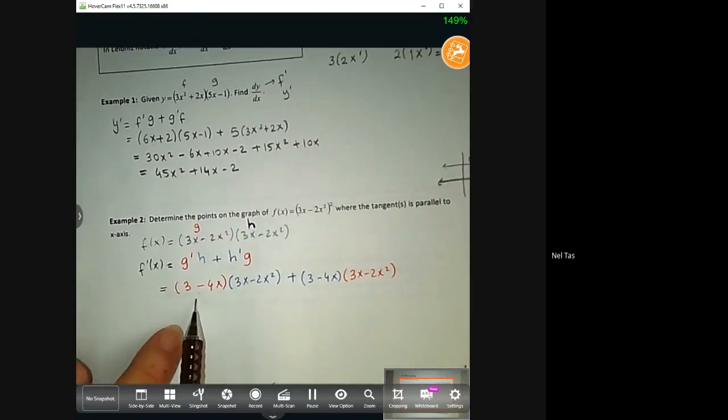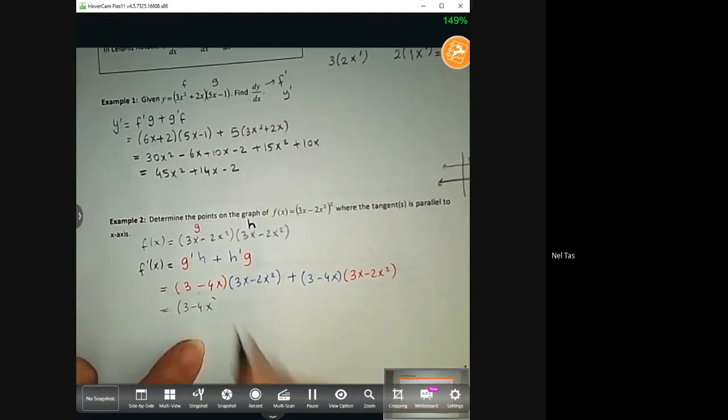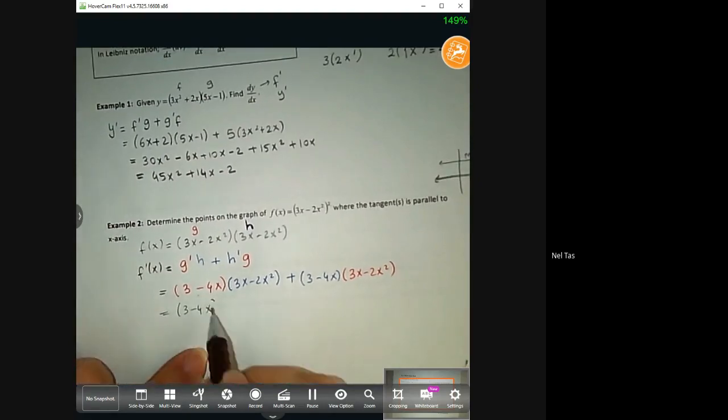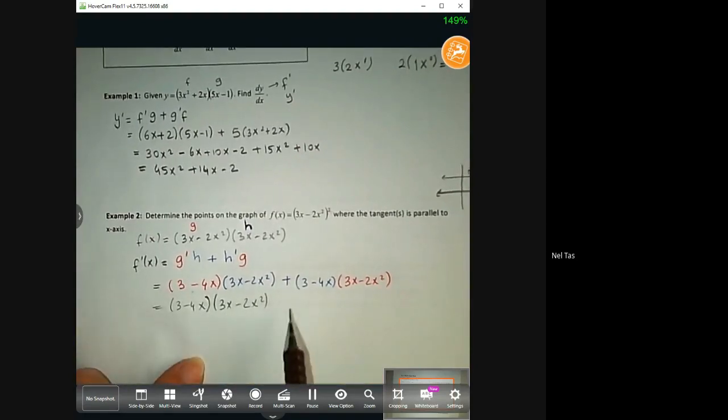Now as you see, this is factorable, right? We see 3 minus 4x in the first term, 3 minus 4x in the second, and 3x minus 2x squared in the first and the second term. So 3 minus 4x is a common factor. Also, 3x minus 2x squared is a common factor.